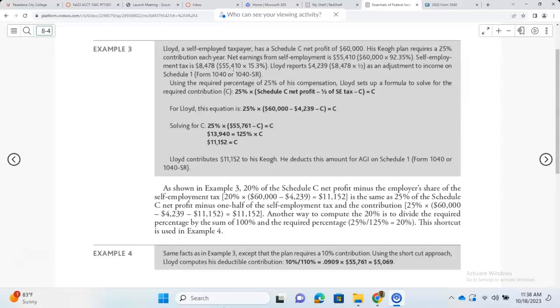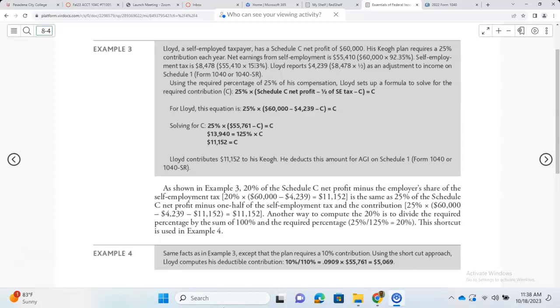Self-employment tax is 15.3% of 55,000, which is 8,478. What is 15.3% coming from? That is Social Security, 12.4%, plus Medicare, 2.9%, combined 15.3%.